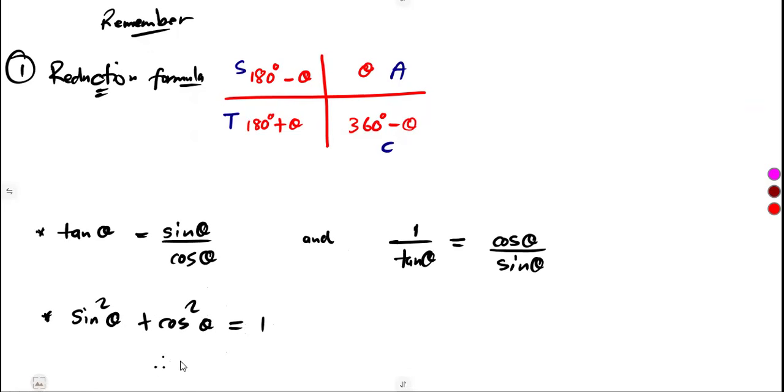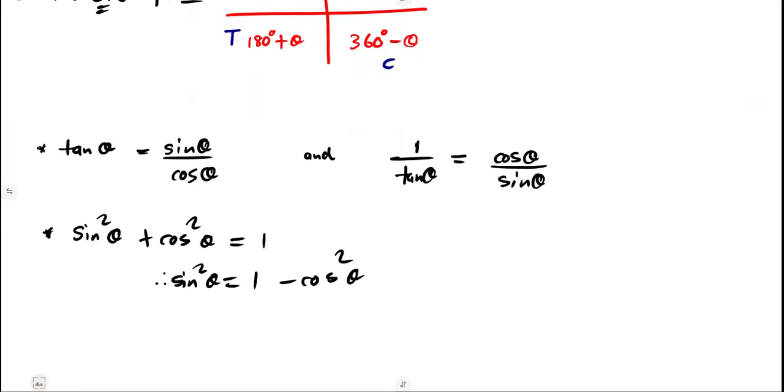We do understand that if we make this sine squared the subject, it is going to be given as, take the cos squared to the other side, 1 minus cos squared. We can make the cos squared the subject of the formula, meaning to say cos squared of theta is going to be what? We take the sine to the other side, 1 minus sine squared.